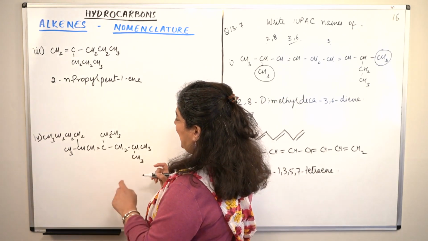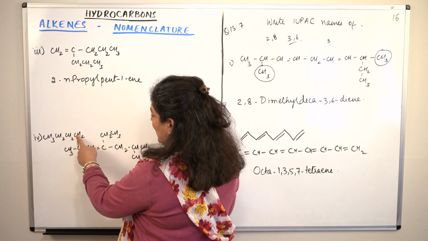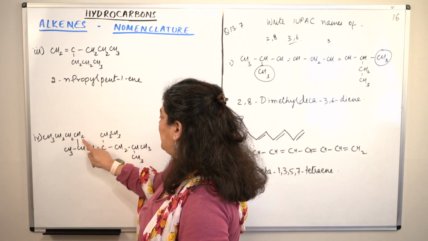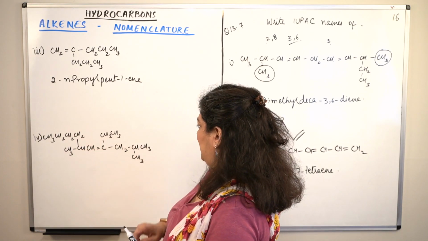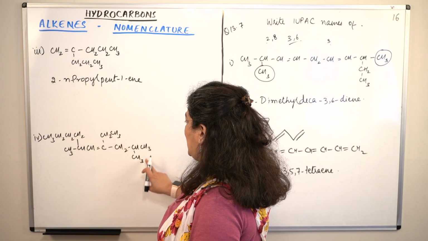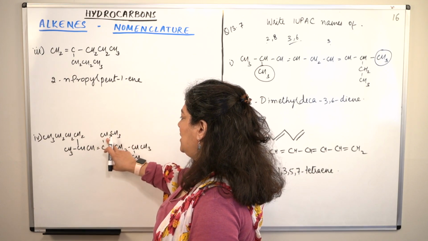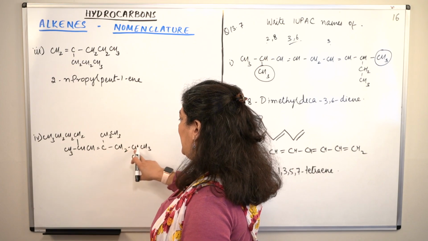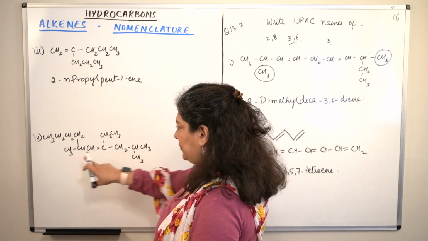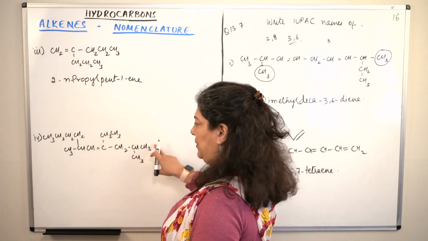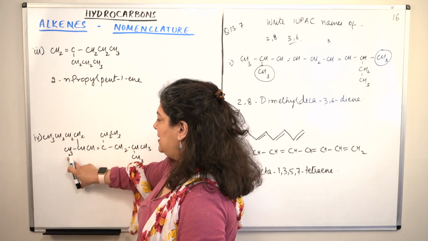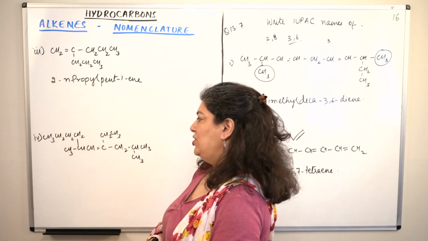When I look at this as a chain, I understand that this should be the longest chain, right? If I go down like this, this is just CH3 and this is CH2, CH3, but here I have a longer branch, so I couldn't have gone up here. This is longer. So my chain would be this one. It couldn't be the straight one because this is too long. This has to be a branch and this has to be the main chain.